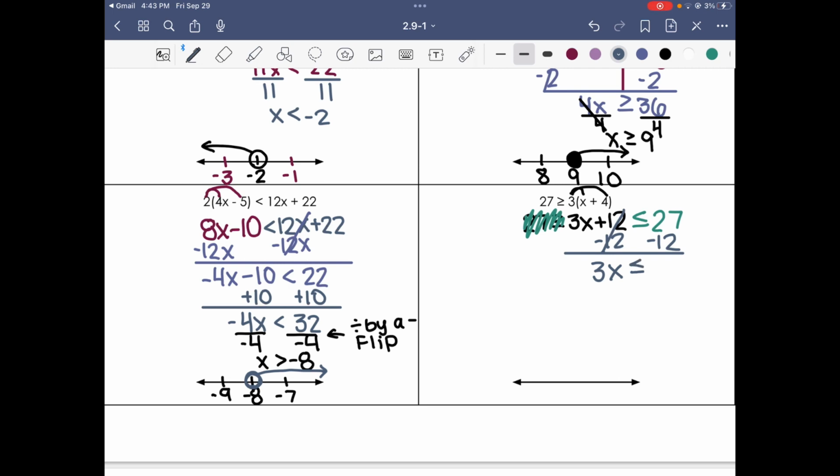And 27 minus 12 is 15. Hopefully you know this last step by now. There's a 3 in front of the x as the coefficient, so you divide by 3 on both sides. X is less than or equal to 15 divided by 3, which is 5.